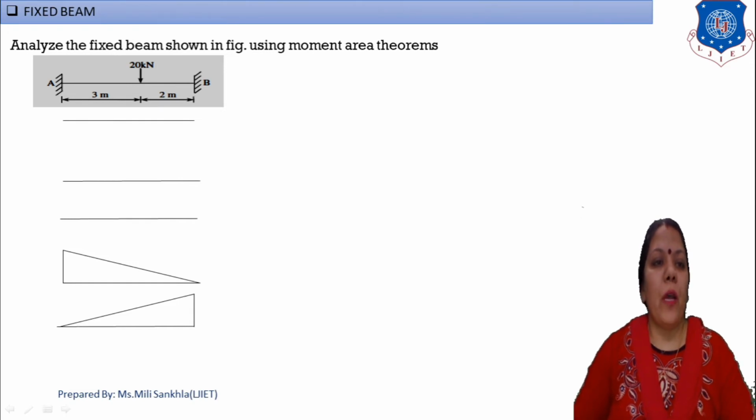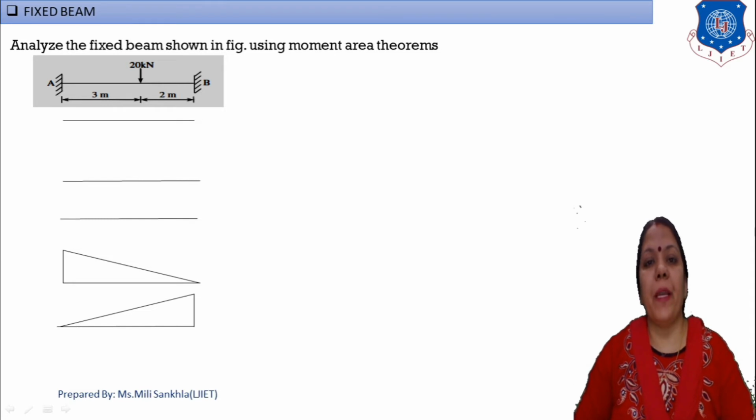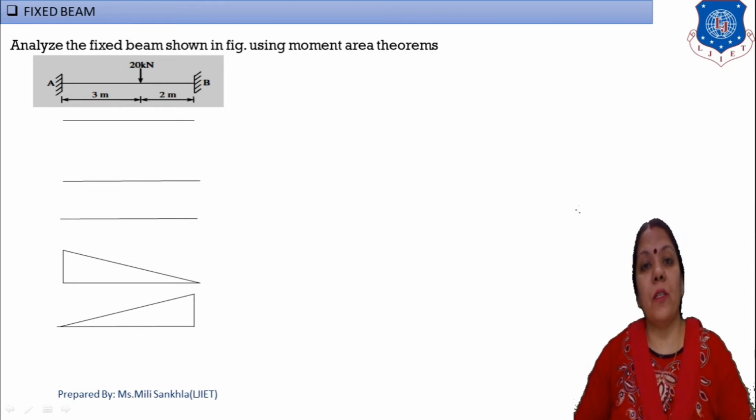Analyse the fixed beam as shown in the figure using the moment area theorem. Here the method is mentioned, so we analyse this fixed beam with the moment area method, because the rules of moment area and Macaulay's are different.